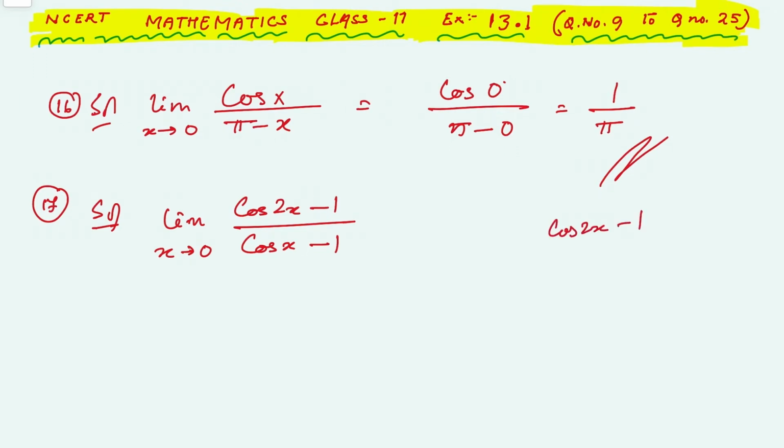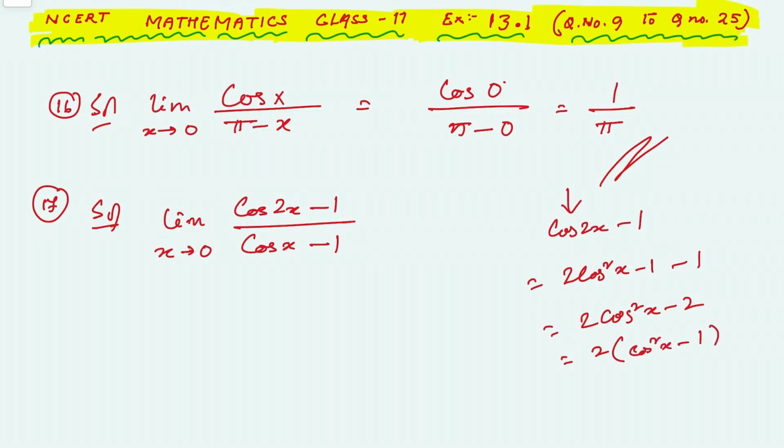Cos twice x minus 1, if you replace this one by 2 cos square x minus 1, then it will be 2 cos square x minus 2. So you can take 2 common, cos square x minus 1. Now that's why we can write limit here, we can write 2 into cos square x minus 1.